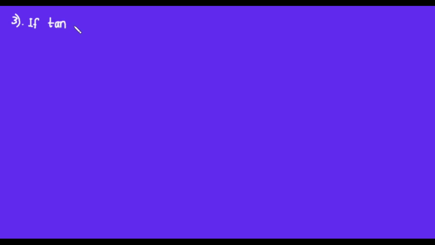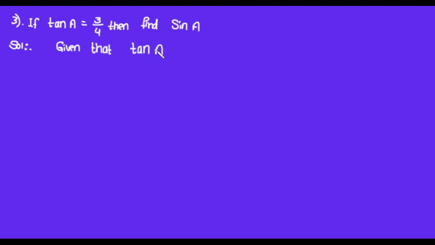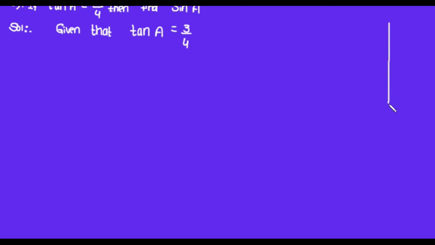Problem number 3. If tan A is equal to 3 by 4, then find sin A. Given that tan A is equal to 3 by 4, we know that the formula for tan A is opposite side by adjacent side.